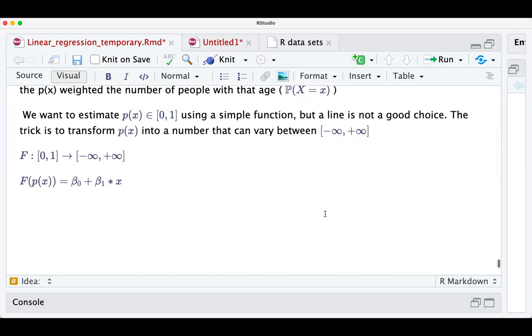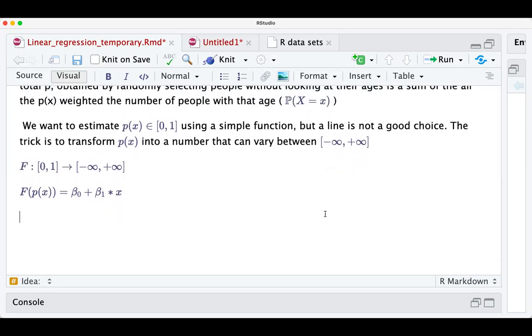So what do we do? First of all, we consider the odds. What are the odds?